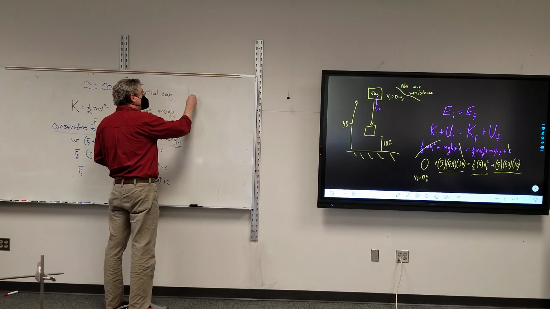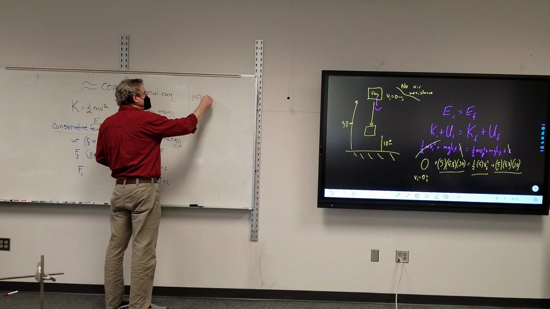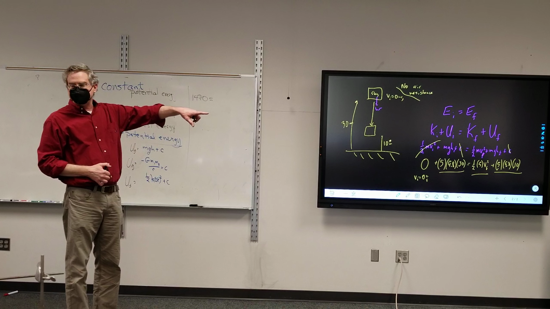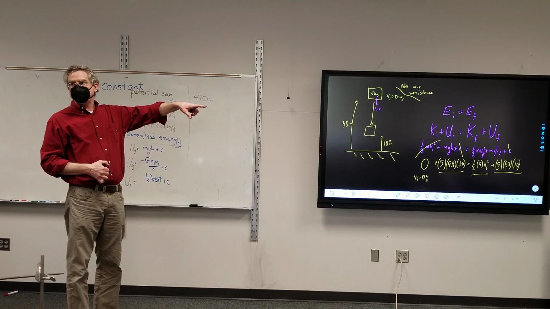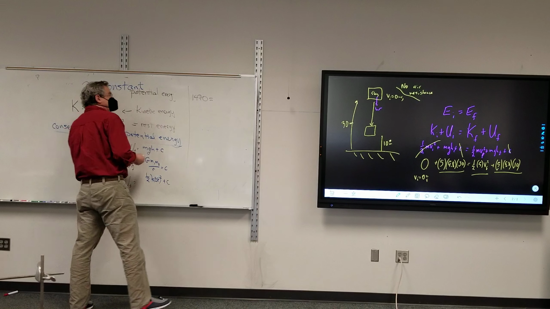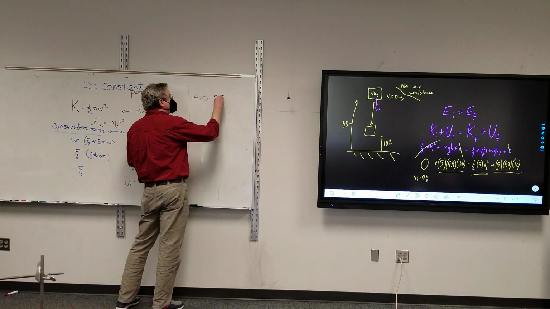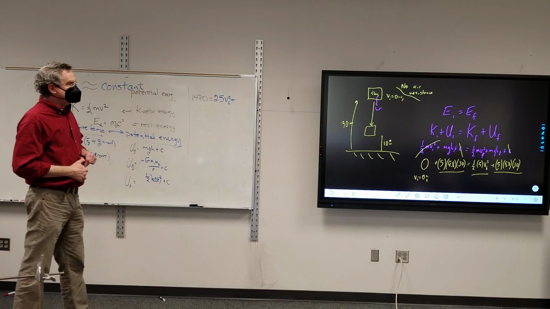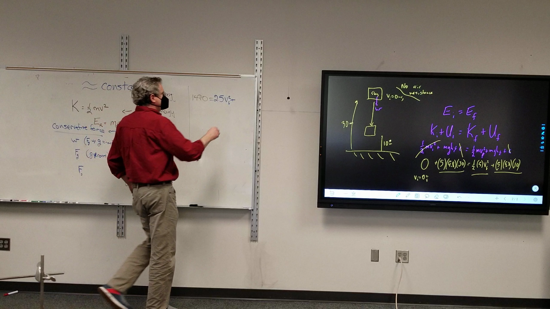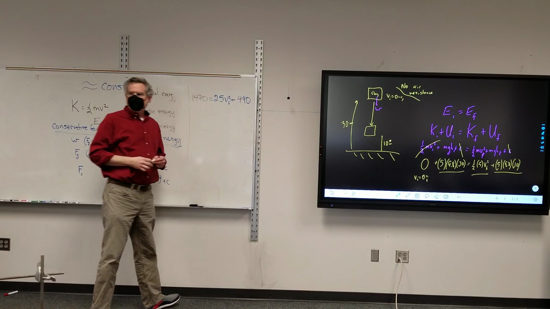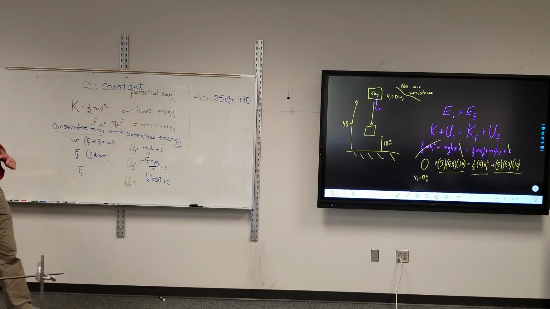So I got 1,470 equals 1/2 times 5, which is 2.5, 2.5 v final squared plus, and the last thing, 490.